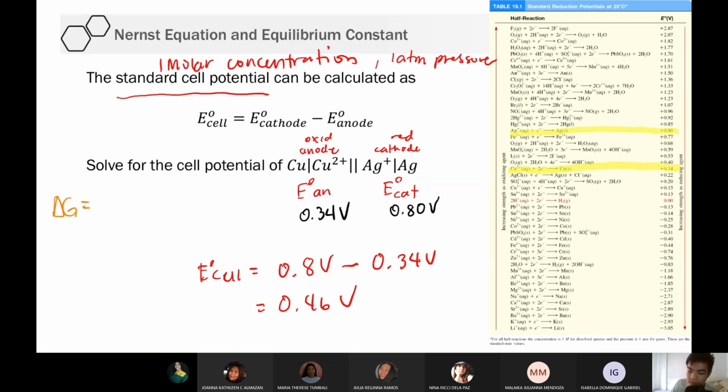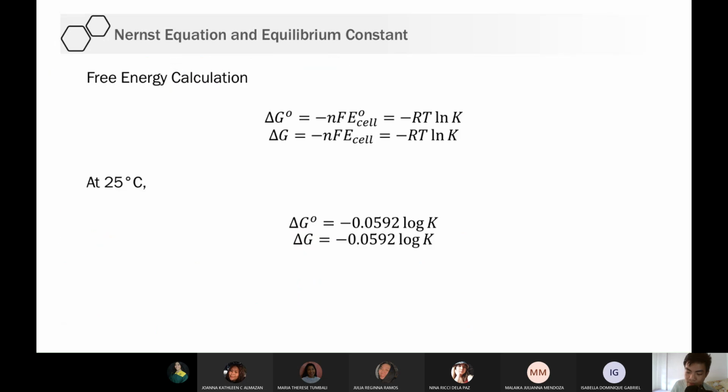Delta G equals, okay, so let's assume this is at 25 degrees Celsius kasi the potentials we use are at 25 degrees Celsius. So the equation to be used at 25 degrees Celsius are the two. Hindi, ito pala, sorry.